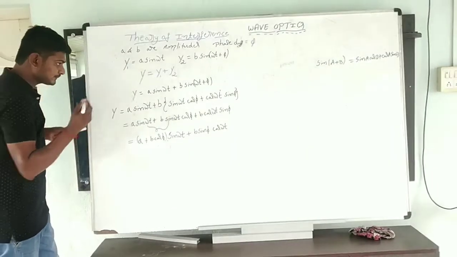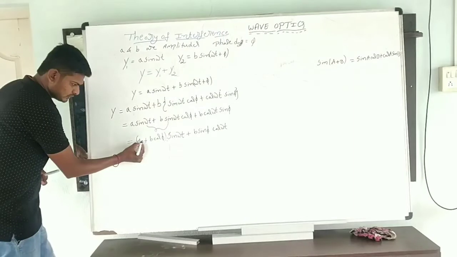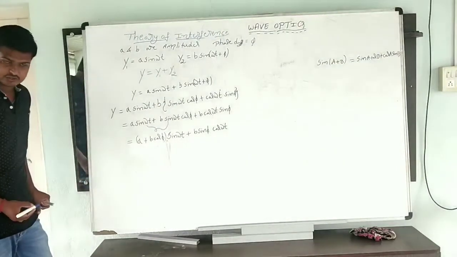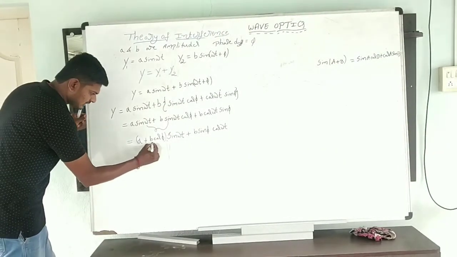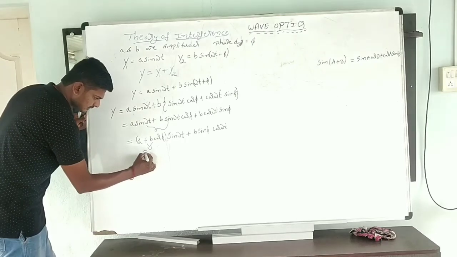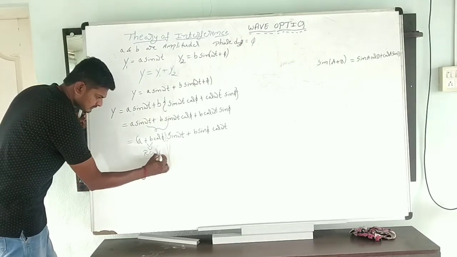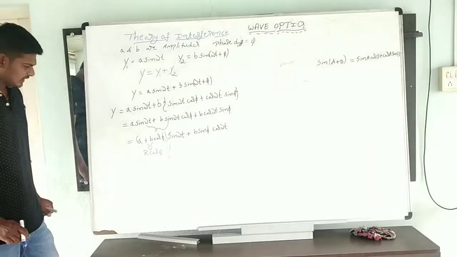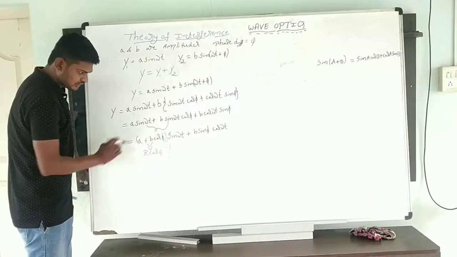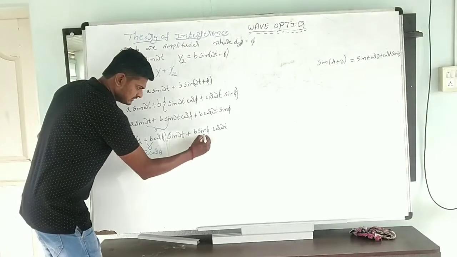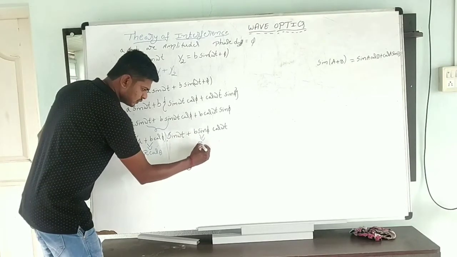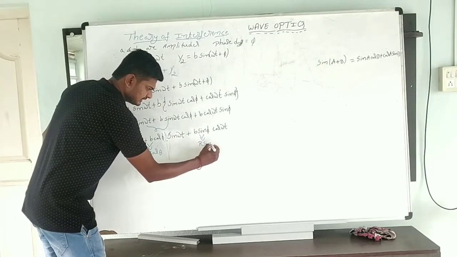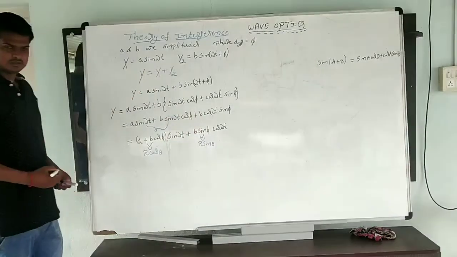Now I am going to write the individual amplitudes in terms of the resultant amplitude R. A plus B cos phi is equal to R cos theta, and B sin phi is equal to R sin theta.